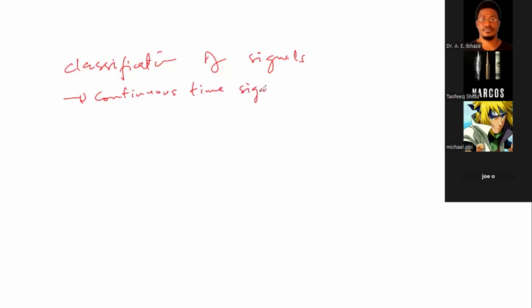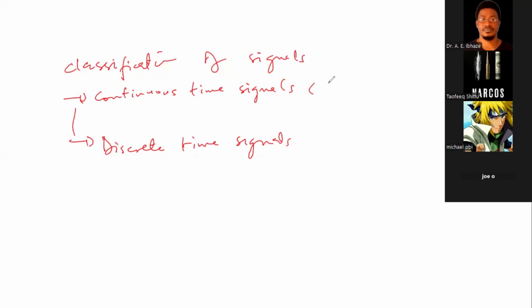Now, we said for the classification of signals, we have continuous time signals, and then we also have discrete time signals. These are the broad categories.